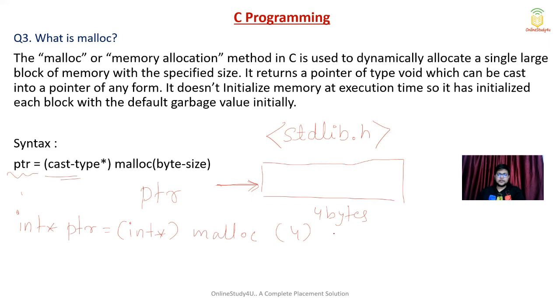It will allocate a memory of 4 bytes, and it will return a void pointer, and that will be typecasted into an integer pointer. So this is the whole idea behind Malloc memory allocation.